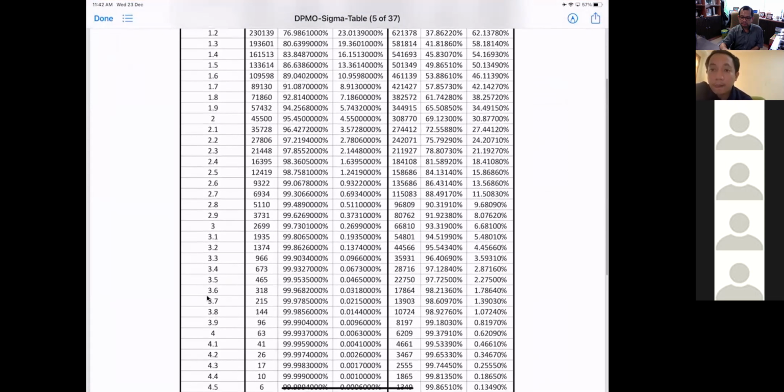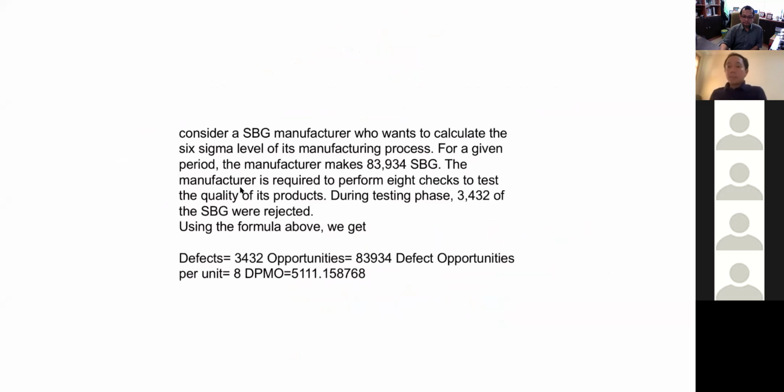It's around 2.6 to 2.7. If you want to know the exact answer, we have to interpolate. Same goes to this one, we can calculate the DPMO as well.